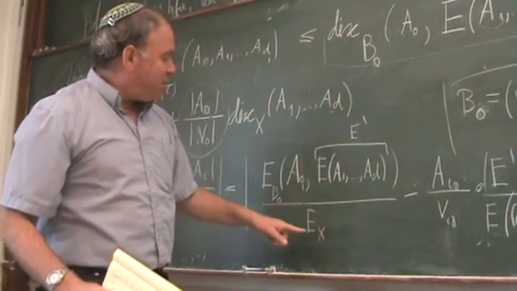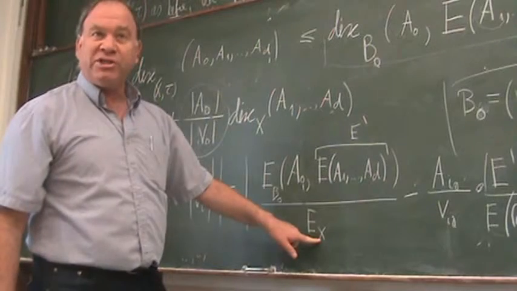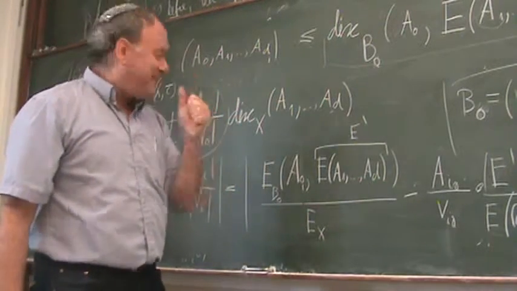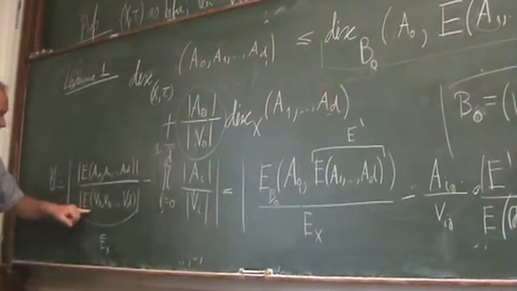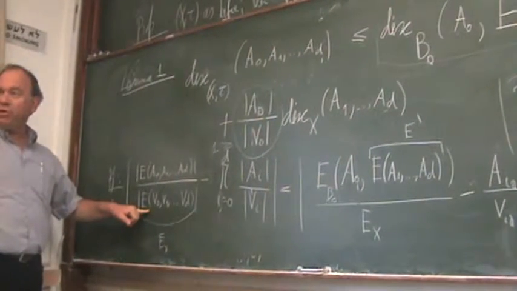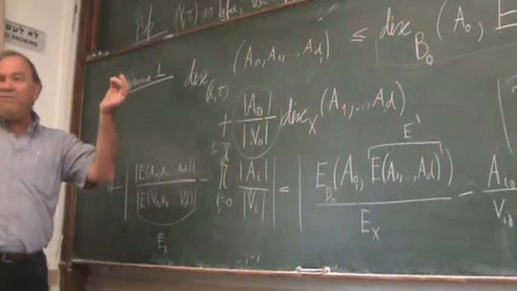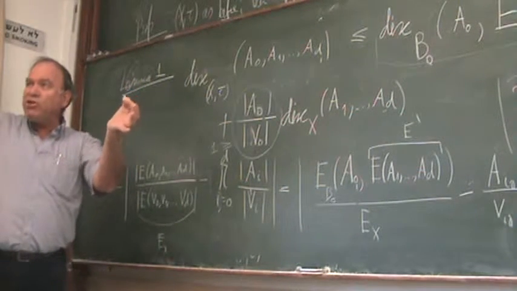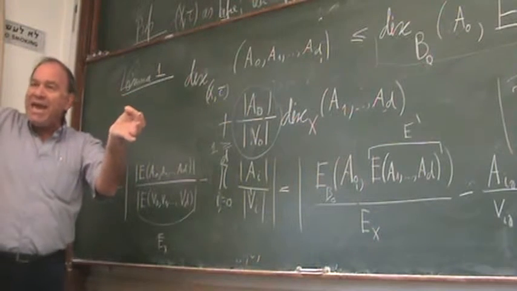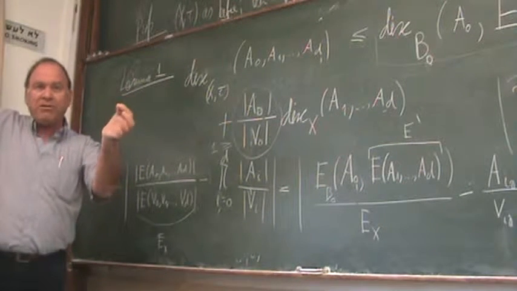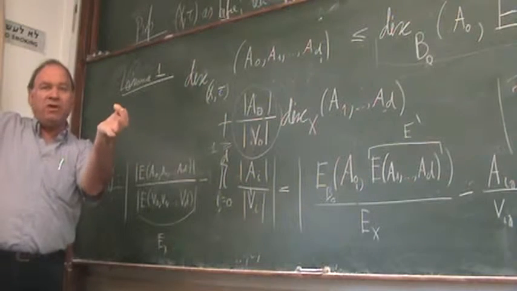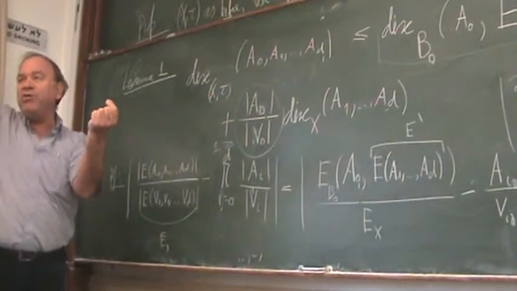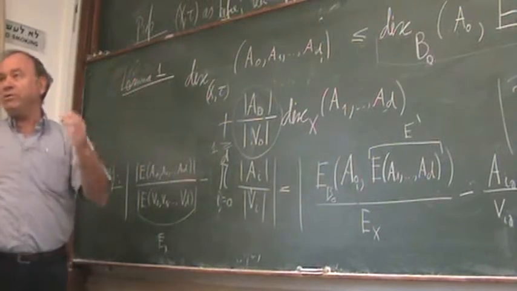And I have to divide it by the total number of edges. The total number of edges in B0 is exactly the total number of chambers in the complex, because every chamber is uniquely associated with an edge in this bipartite graph, such that on one side you have the vertex of color 0, and on the other side you have a wall without 0.